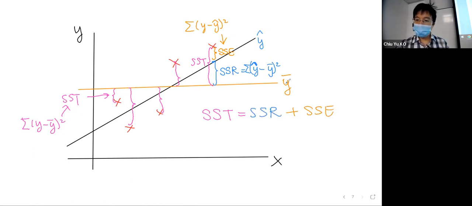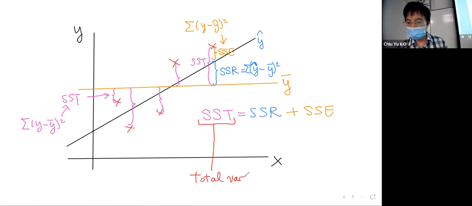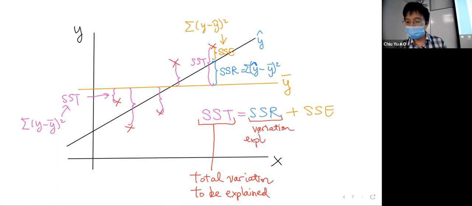This is the total variation to be explained. And SSR is the variation explained by regression.